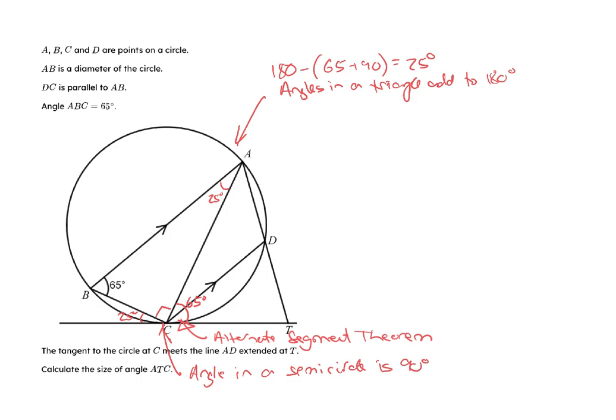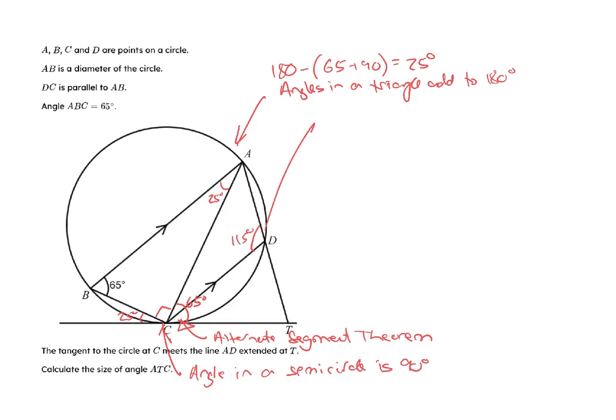And then studying the diagram again, I go, oh, hang on a minute, A, B, C, D. Oh, that's a cyclic quadrilateral. It's a quadrilateral where each point is touching the circumference of the circle. So therefore, if this is 65, I know what this one is, because this one is going to be 180 take away 65, which is going to be 115.